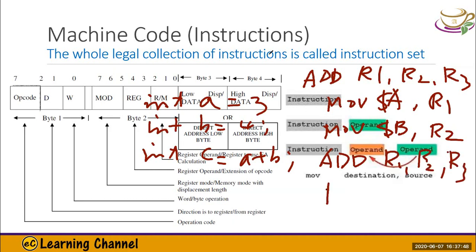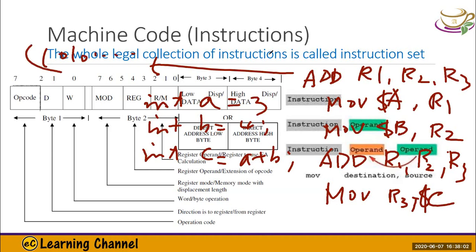Then move register 3 back to the C variable. Then you translate this to 101011 and whatever instructions and run it.